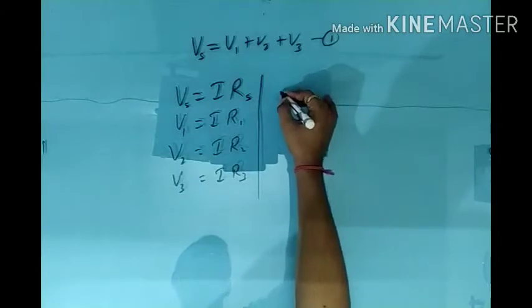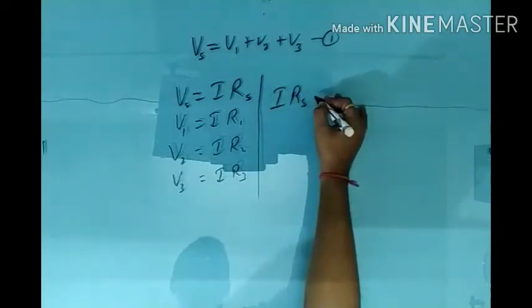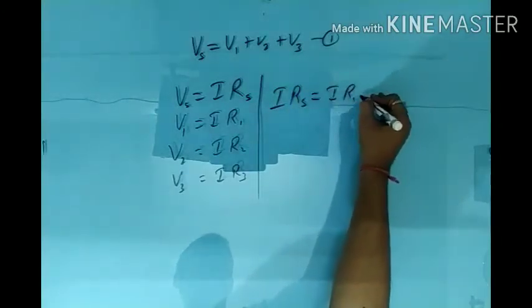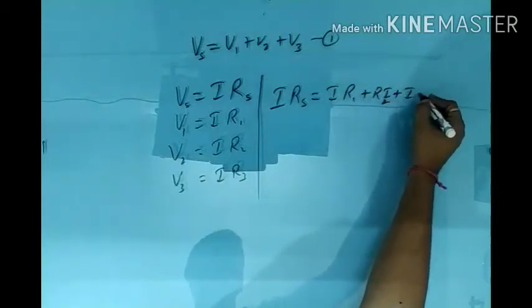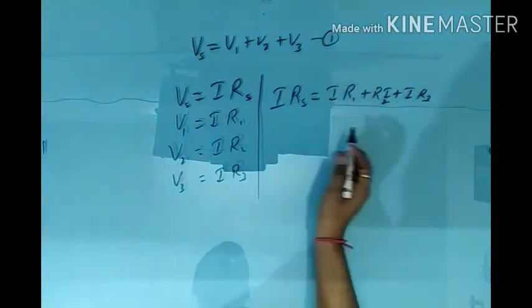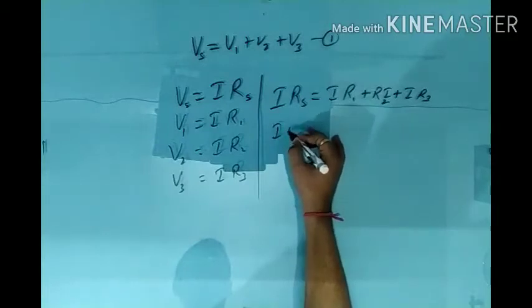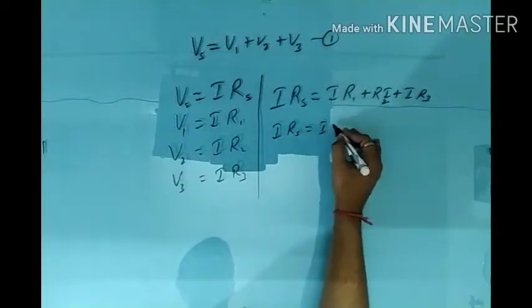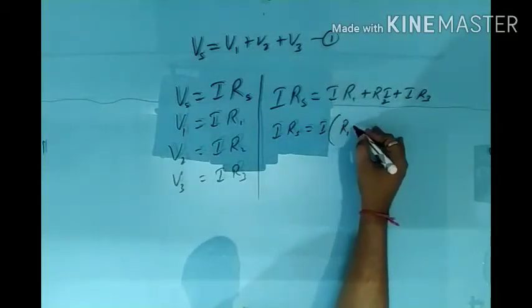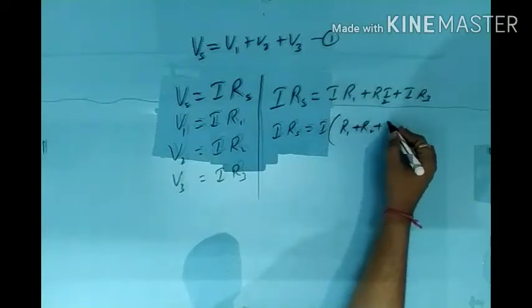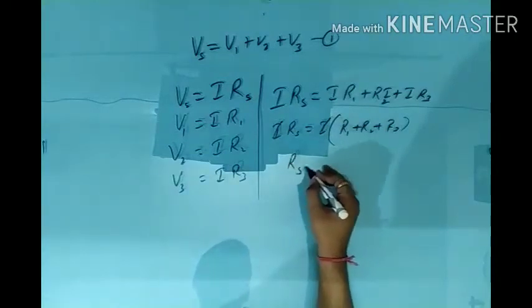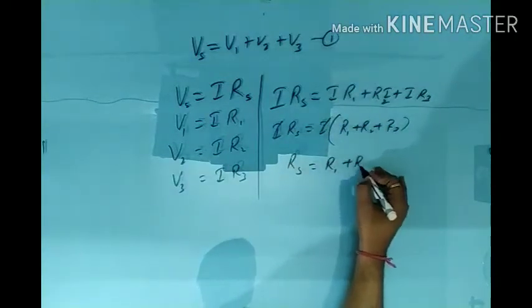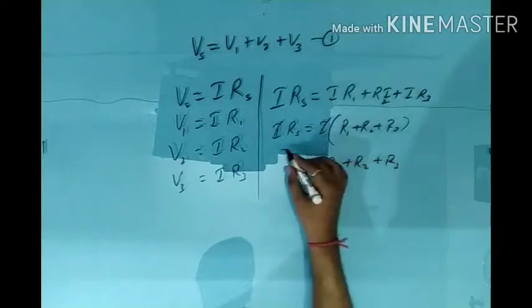It becomes IRs is equal to IR1 plus IR2 plus IR3. Now on both sides I is common, so we can cancel I. Then the result becomes Rs is equal to R1 plus R2 plus R3.